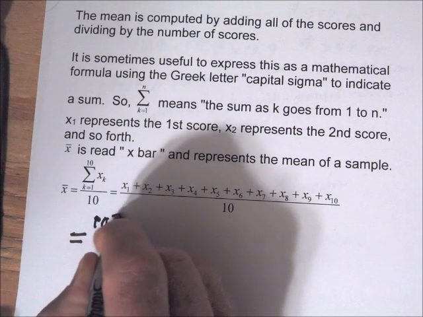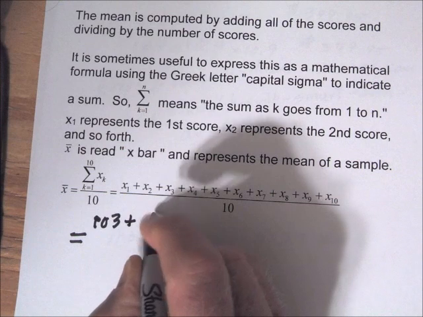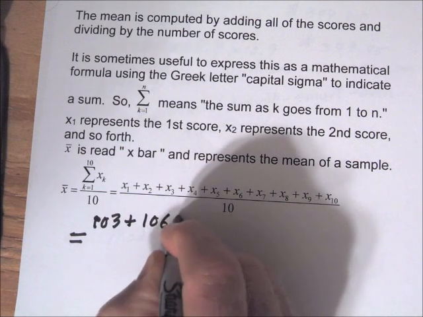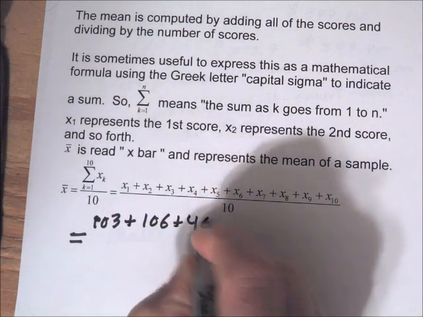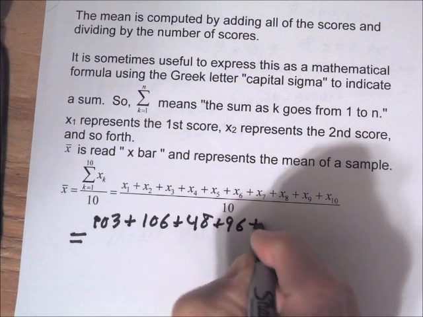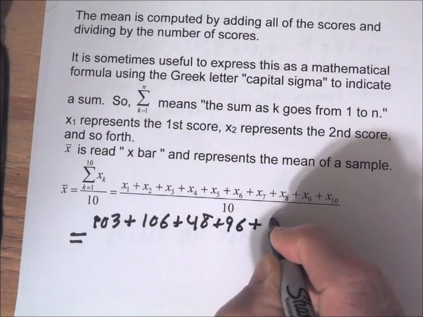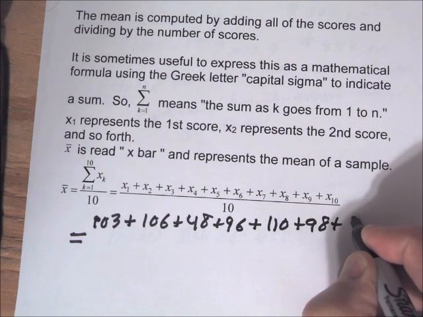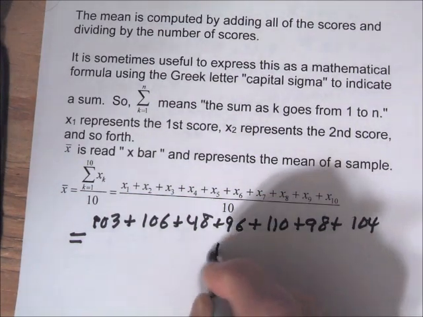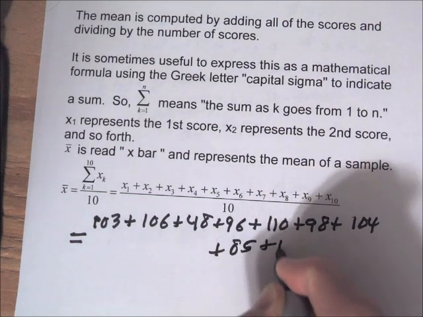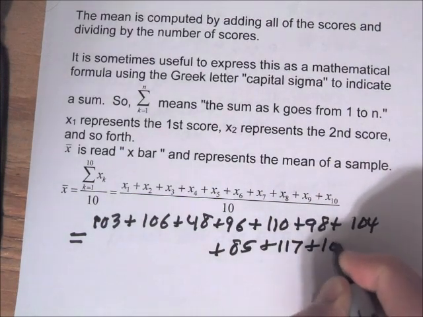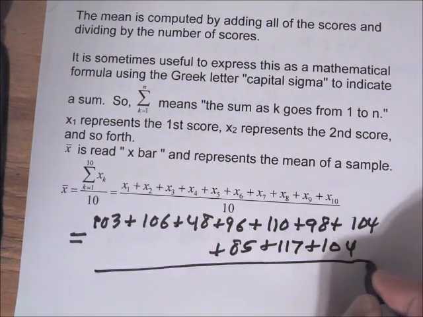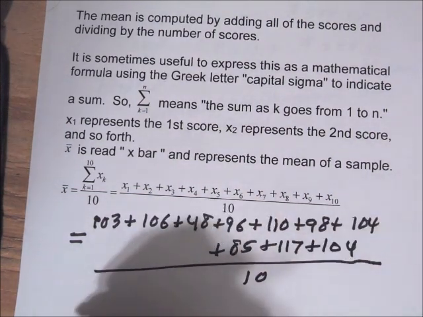So 103 plus 106 plus 48 plus 96 plus 110 plus 98 plus 104 plus 85 plus 117 plus 104, and the whole thing is divided by 10 because we have 10 babies.